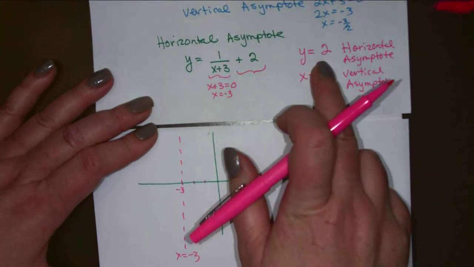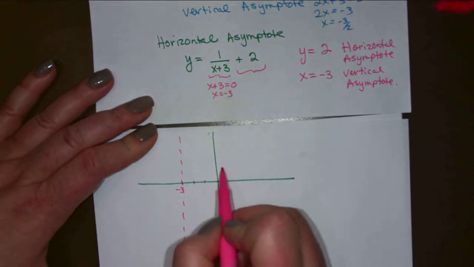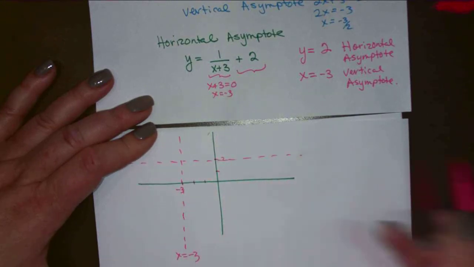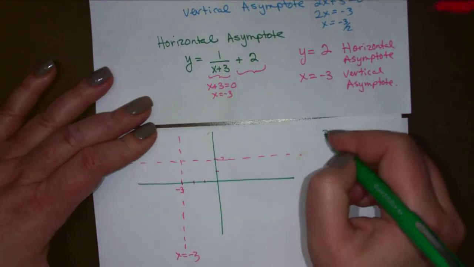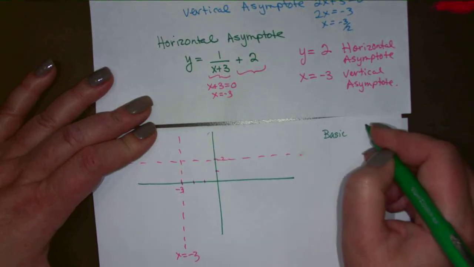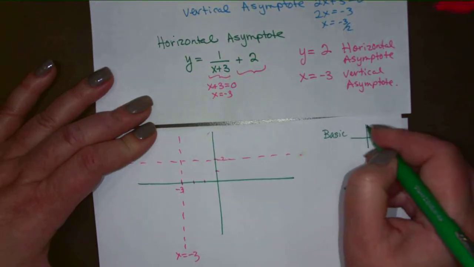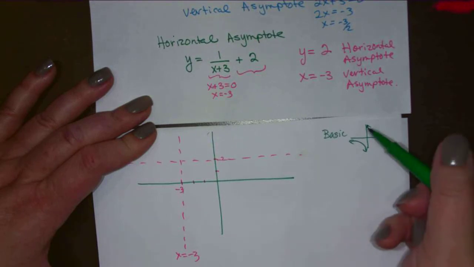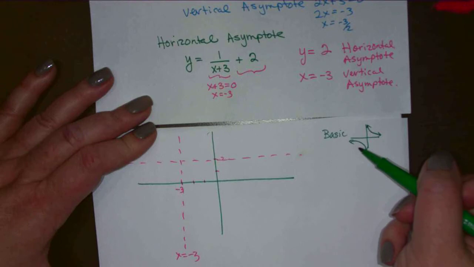Y equals 2, don't get them mixed up. That happens a lot on tests. What's our basic graph? Like that? Okay.